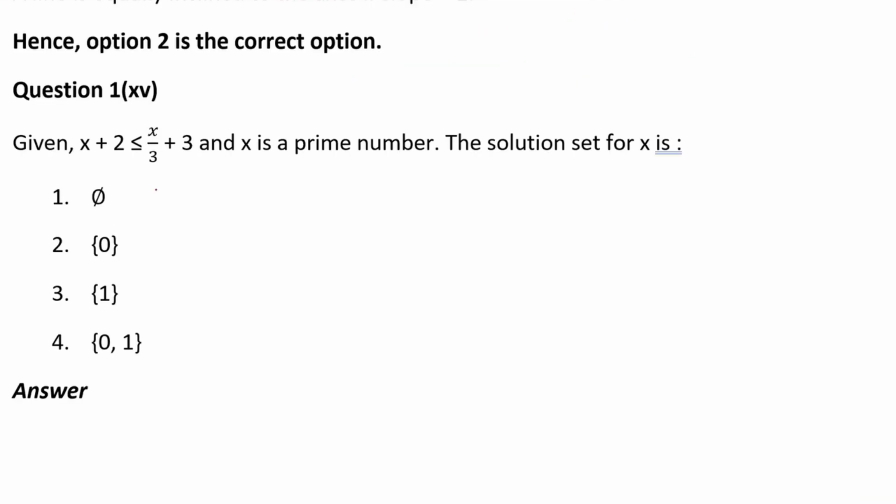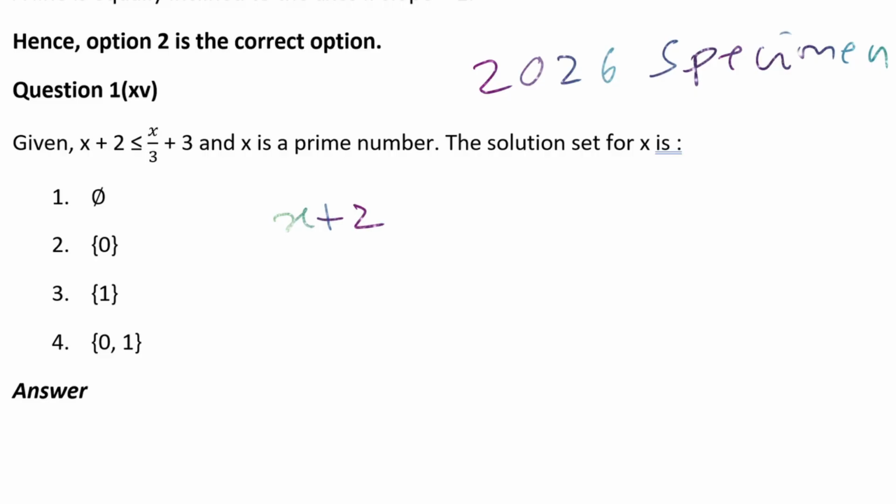This is your 2026 specimen paper. Let us solve with this one. This is x plus 2 less than or equal to x by 3 plus 3.